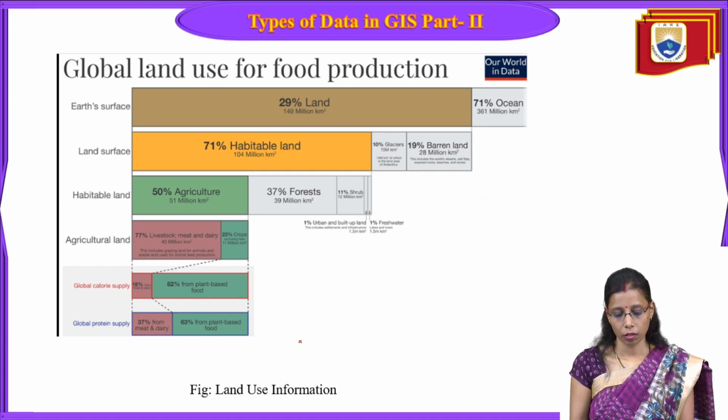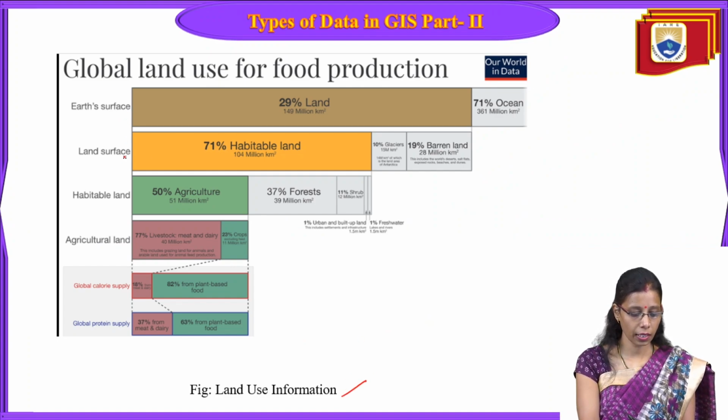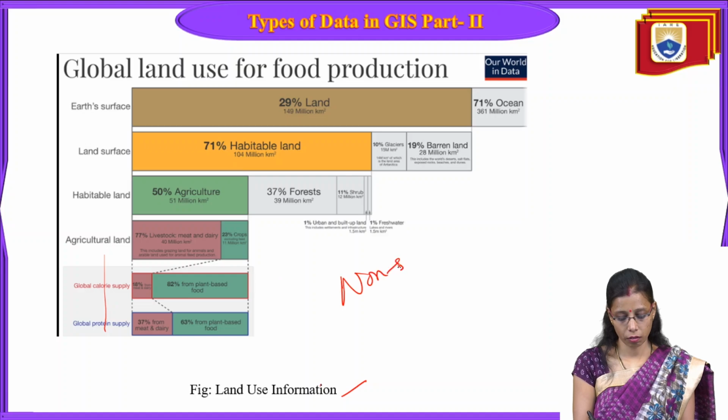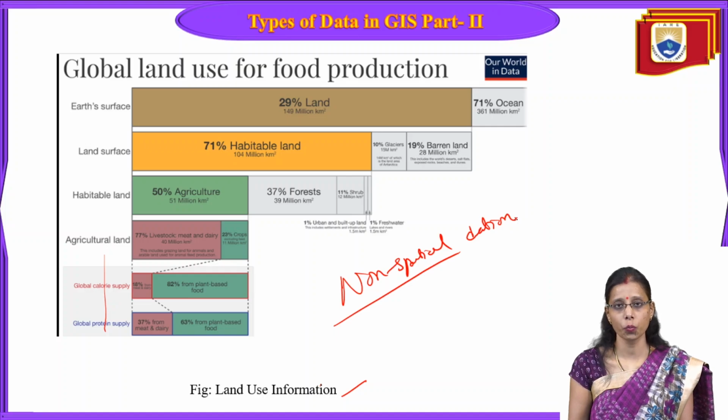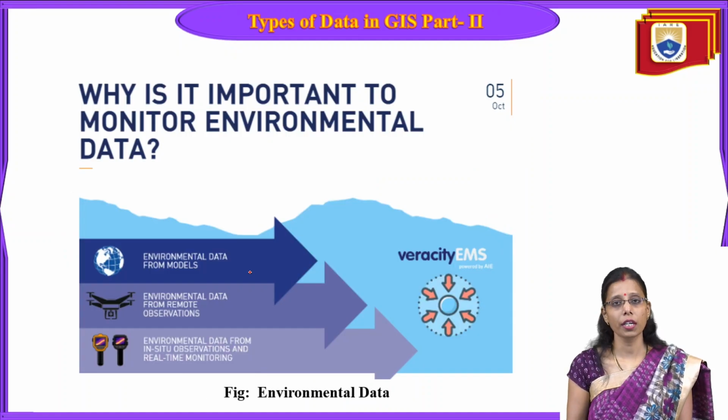Like this we have land use information: earth surface, land surface, habited land, agricultural land, global calorie supply, global protein supply. If you want to add all this information to land use information, that becomes non-spatial. This type of information comes under non-spatial data. So once you insert a spatial information, you have to assign this non-spatial information to the spatial information. Then only it is useful.